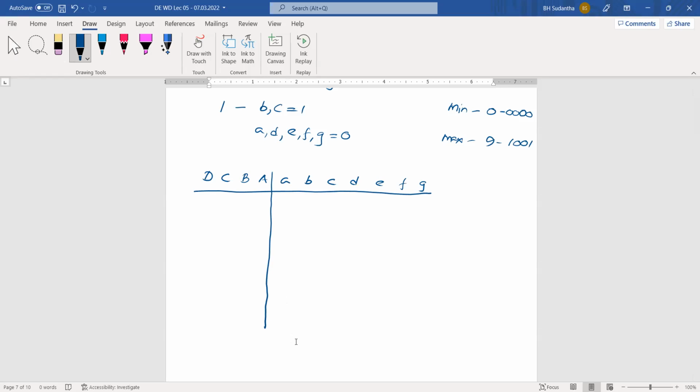Okay. Example, now DCBA 0000 means what is the decimal value of this one? It's 0. Now the next value is 0001. 0010, that is 2. 0011 is 3. 0100 is 4. 0101 is 5. 0110 is 6.